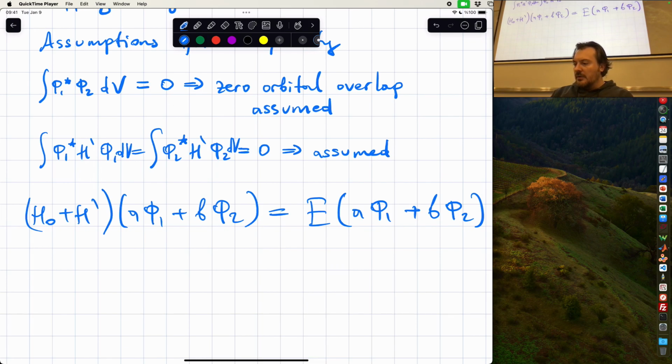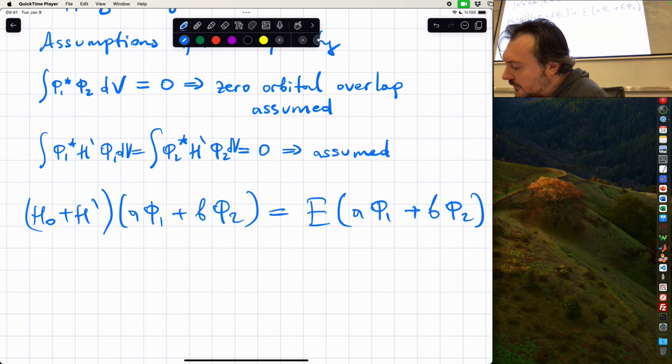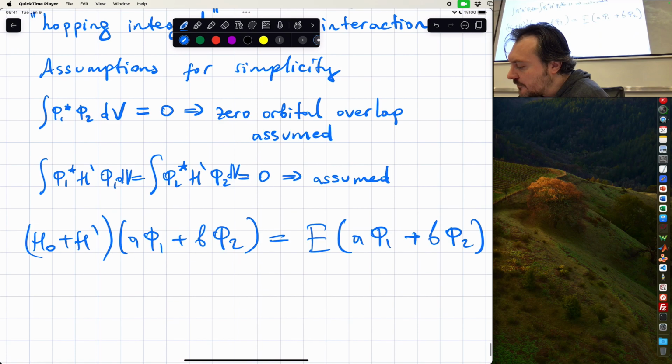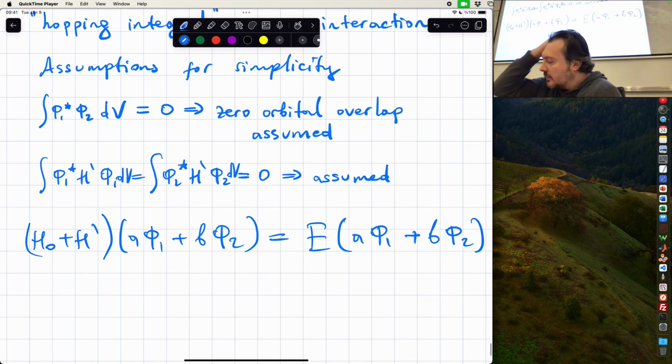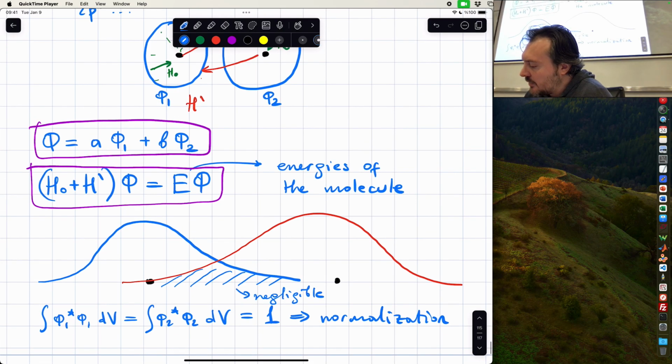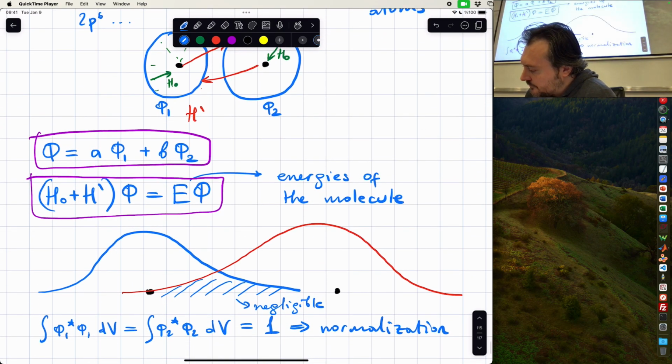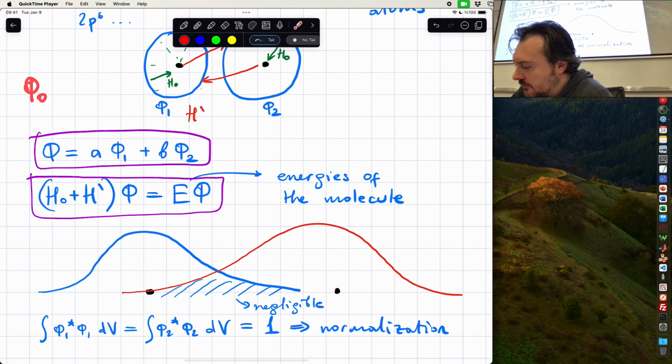Very good question. The second assumption means you are basically taking phi 1. If it's phi 1, H0 phi 1, then as expected it will give you energy.